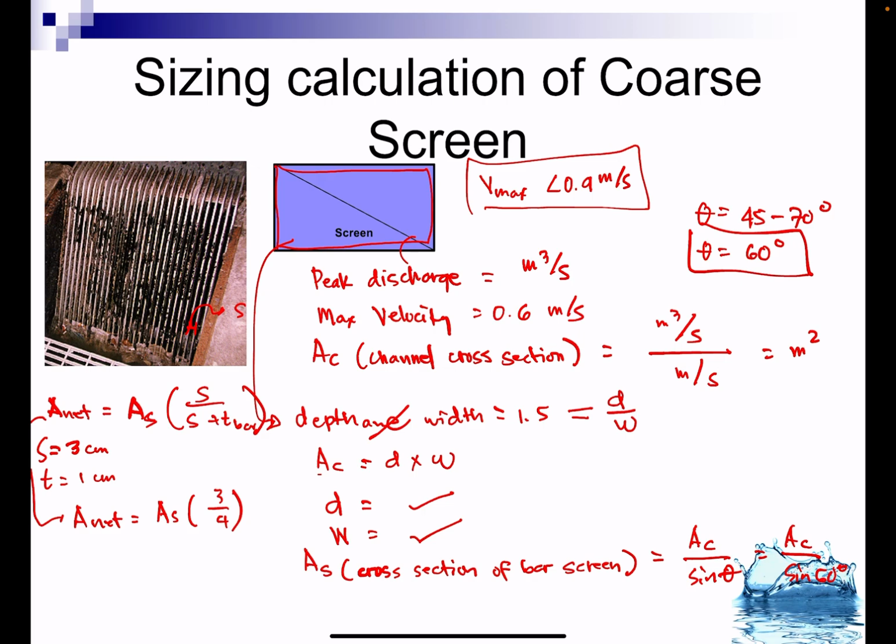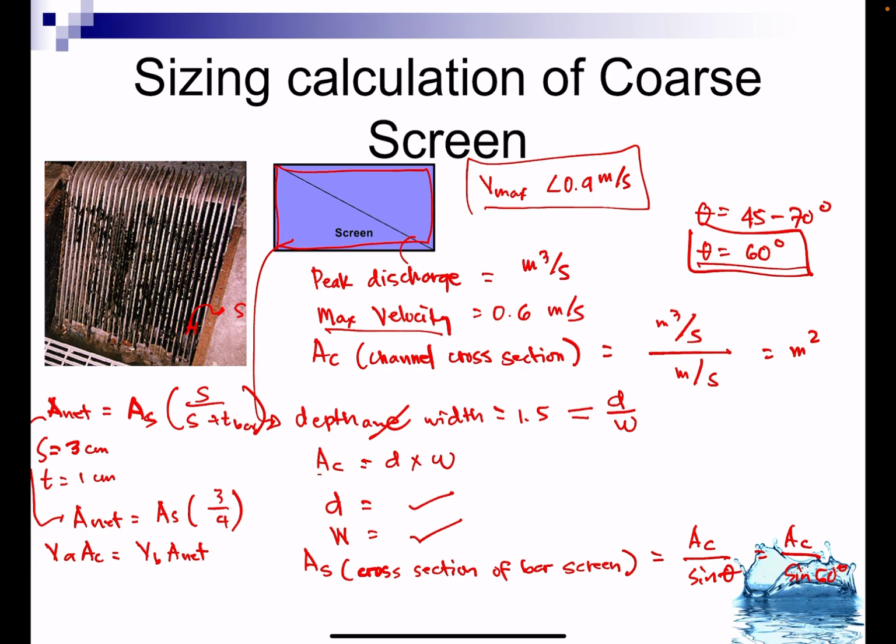Okay? For me to be able to check that all my assumptions, from the maximum velocity up to the theta, are correct, from the continuity equation, VA times the cross-sectional area should be equivalent to VB times the net area. You know that VA is the maximum velocity.